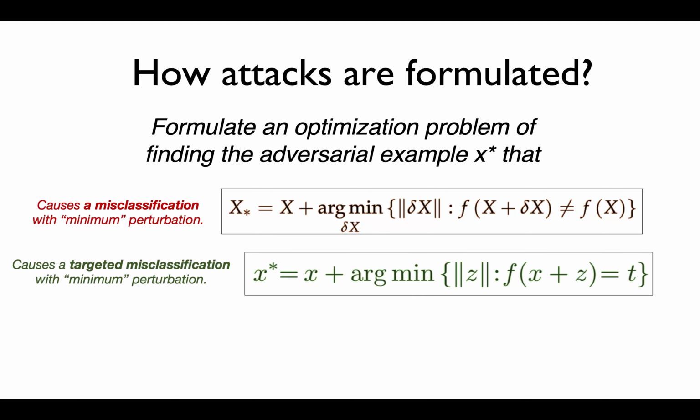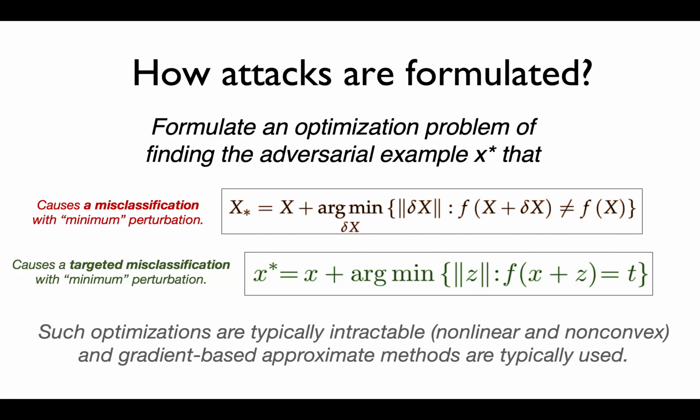input. With a targeted misclassification, the only difference is that in the first optimization, we were just interested in getting it to misclassify, but in the second optimization, we are interested in getting it to misclassify in a targeted sense.